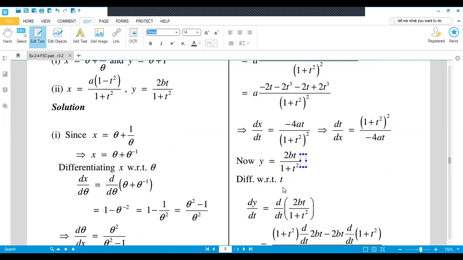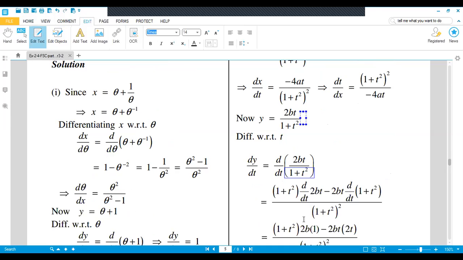Differentiate with respect to t. So dy by dt. And here for this fraction, we take the quotient rule. So when we apply the quotient rule, 1 plus t square as it is, and then the derivative of the numerator 2bt, and minus 2bt times the derivative of the denominator 1 plus t square.